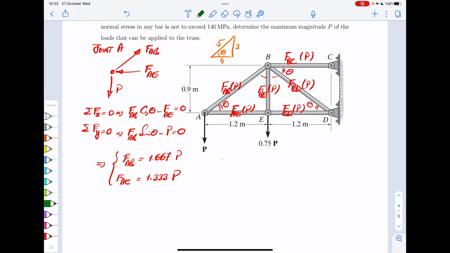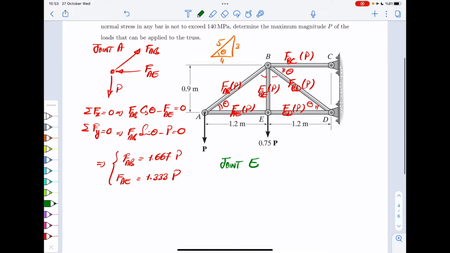On joint E, this is the part you need to be careful about. Because here I drew FAE as if it was compression, you should be careful that here you need to write it as a reaction to that, so it should also be compression on the other side. That's the only thing you need to be careful about.